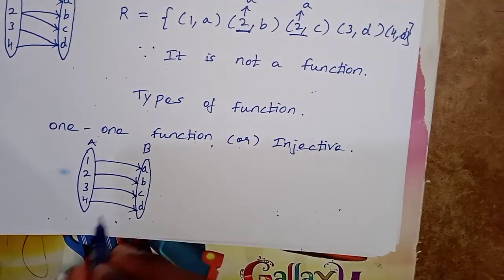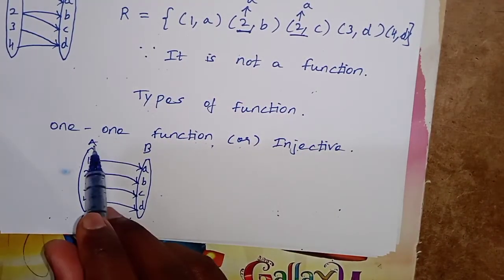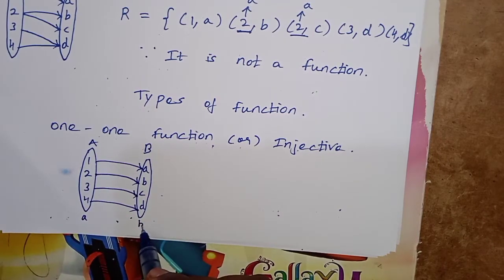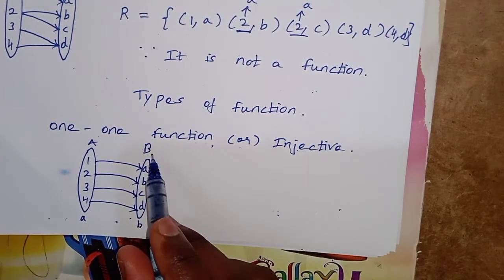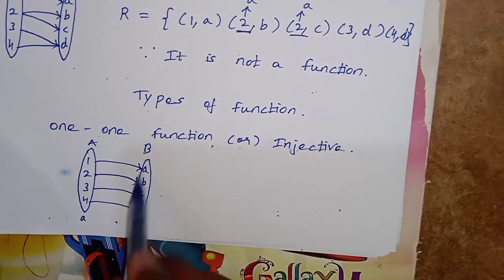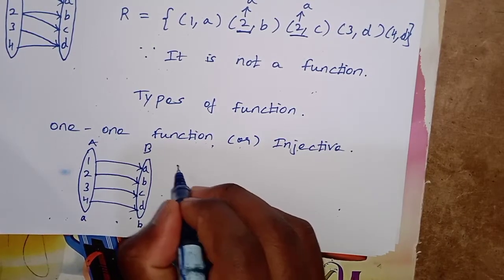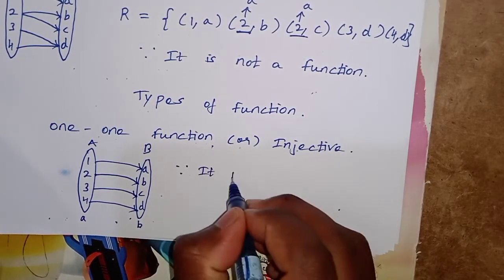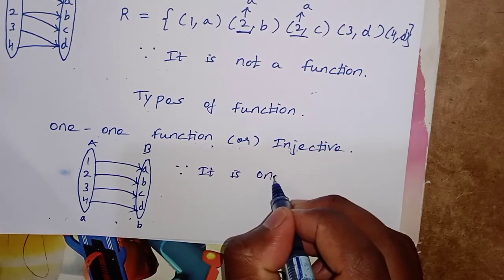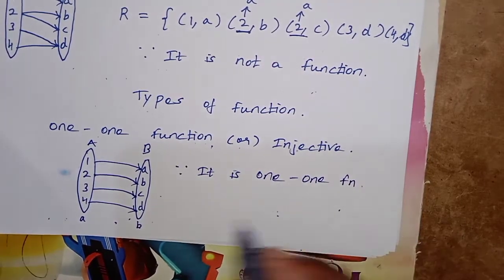Therefore, every element in set A has one and only one image in set B. Okay, therefore here it is a one-one function.